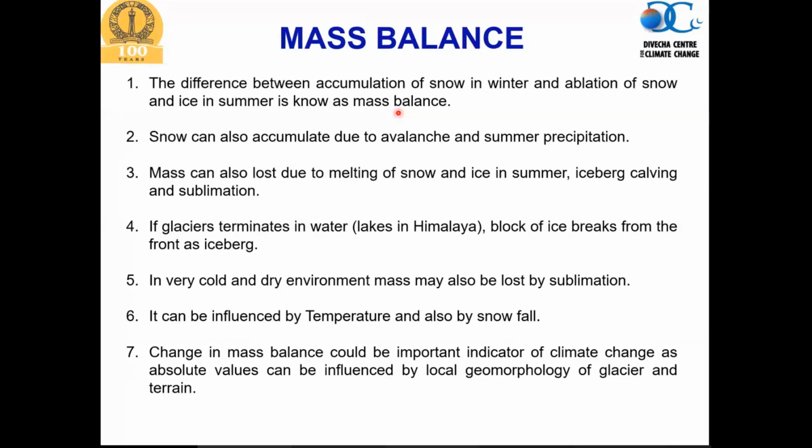However, the change in mass balance could be an important indicator of climate change, as the absolute value can be influenced by local geography of glaciers and terrain. So it is important.